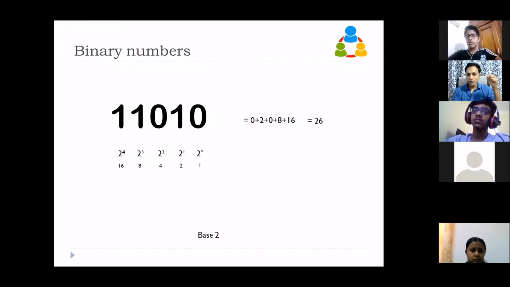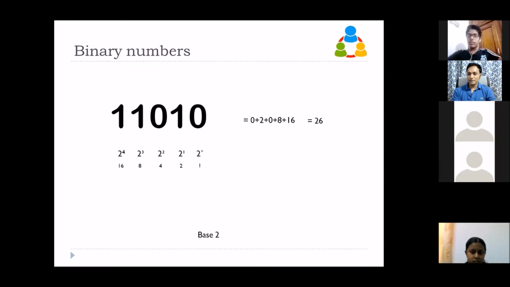Now you have to understand an important point here. With 2 digits, what is the maximum number you can represent in binary? What is the biggest number you can represent? 3. It is 3. Why? The best you can do is 1 and 1.